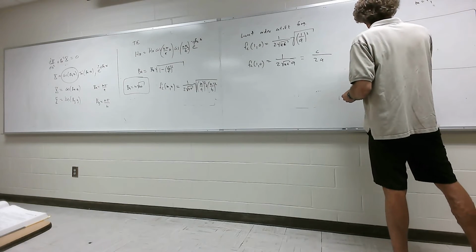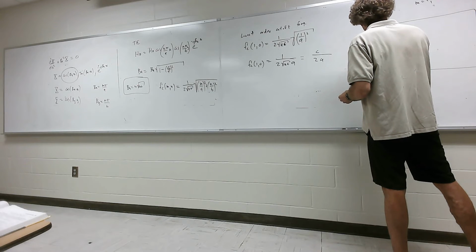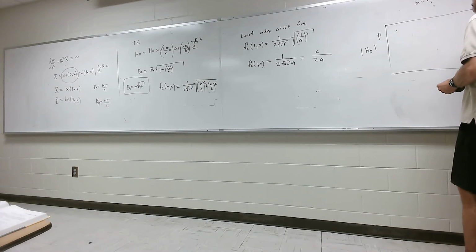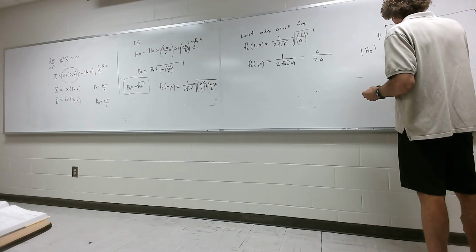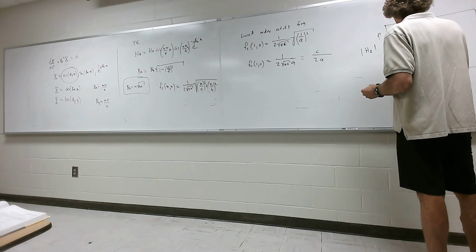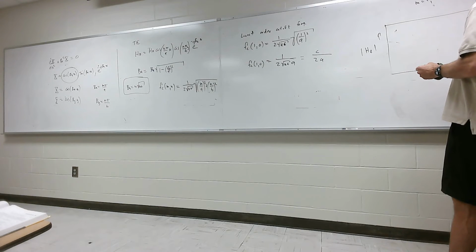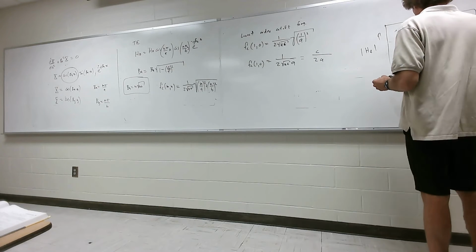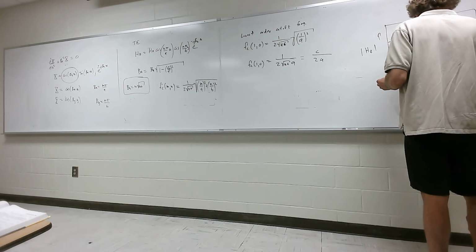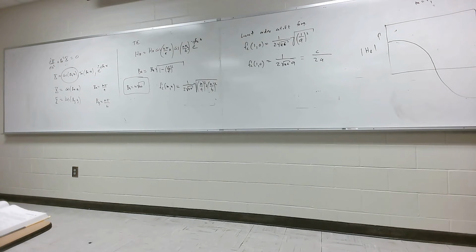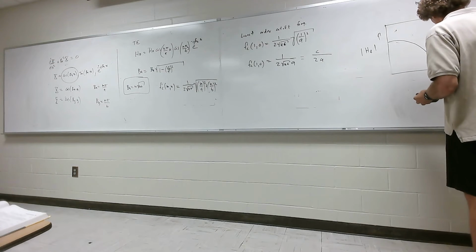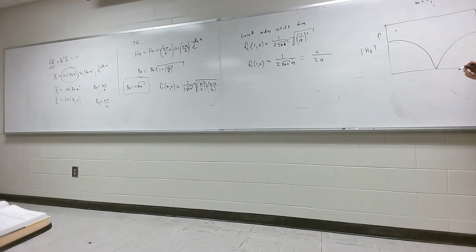If you just thought about the magnitude of HZ here, and you plotted it versus X, what you'd find is a peak there, and it would be this. If I put magnitude, it would do this. All right. That's what it would look like.